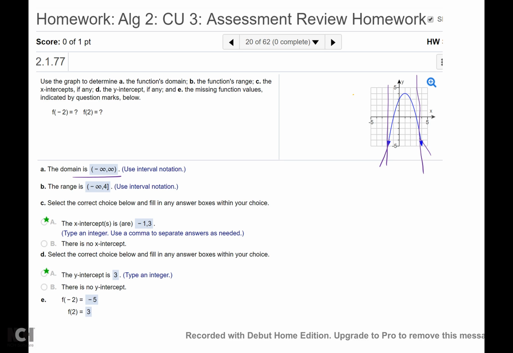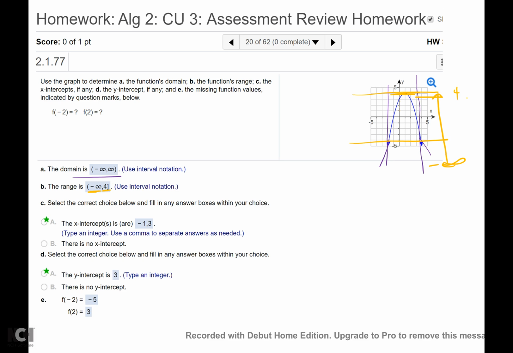For range, block it at the top and the bottom. It's going to break through on the bottom, so that means my range starts at -infinity, but it stops right here. And the highest that goes is 1, 2, 3, 4. Okay, so it stops at 4.